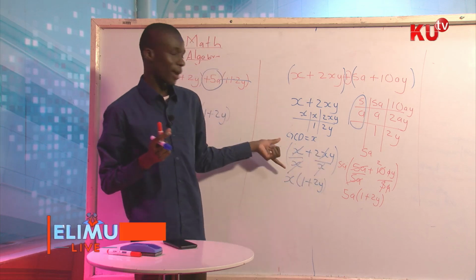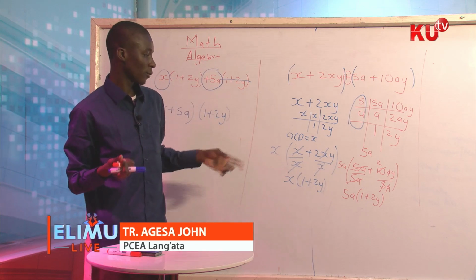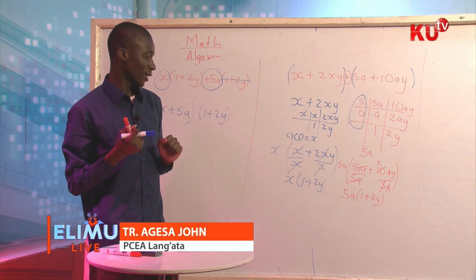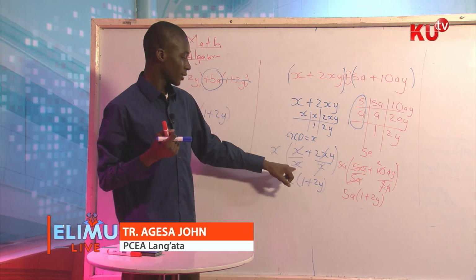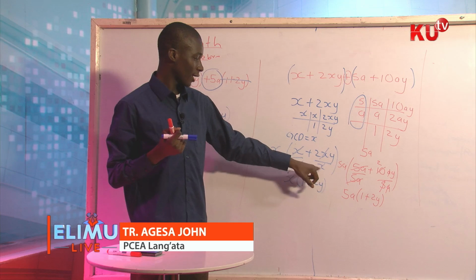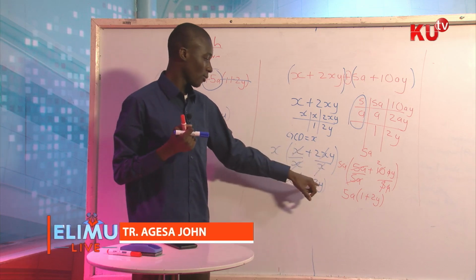You also multiply every term by the GCD so that we don't change the value of the expression. So we are dividing and multiplying by the same thing so that we do not change the value of the expression. Now on simplification of the content inside the bracket, this x will cancel off this x to end up with a 1. This x is going to cancel off this x to give you a 2y.